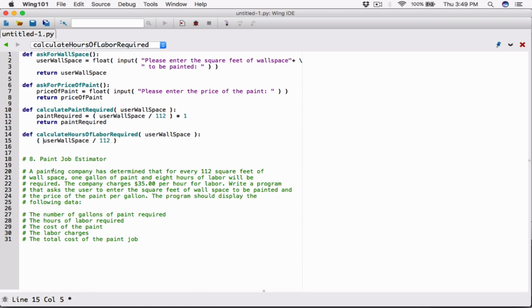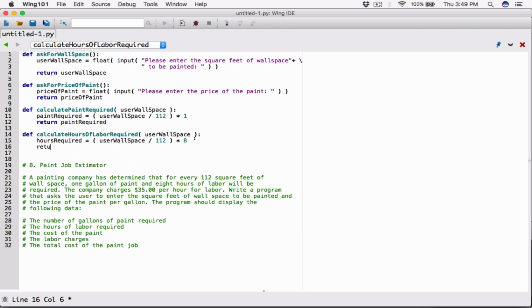I'm surrounding it with parentheses to get the result of that first. This is going to give us the hours of labor required. So I'm going to create a variable called hours required and store it here. Once we have the hours required, let's go ahead and return it. So return hours required.